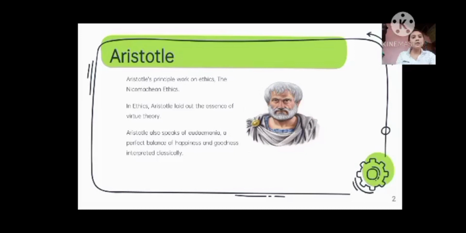Aristotle also speaks of eudaimonia, a perfect balance of happiness and goodness interpreted classically. Humans experience eudaimonia both in themselves and in the world when they act virtuously and live a life of rational thought and contemplation.